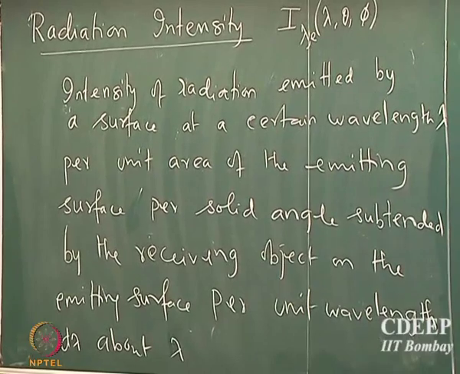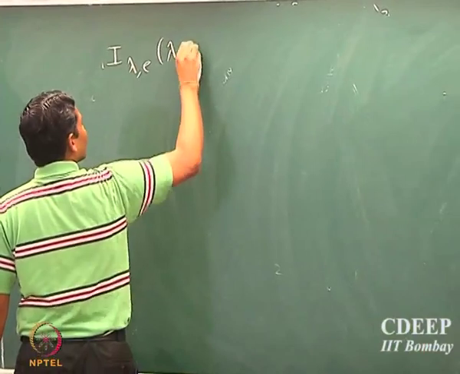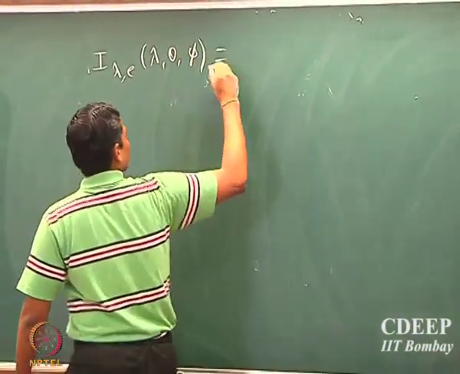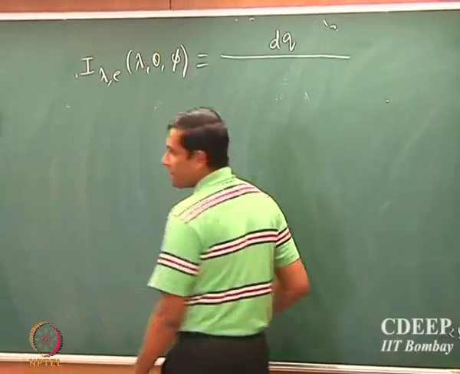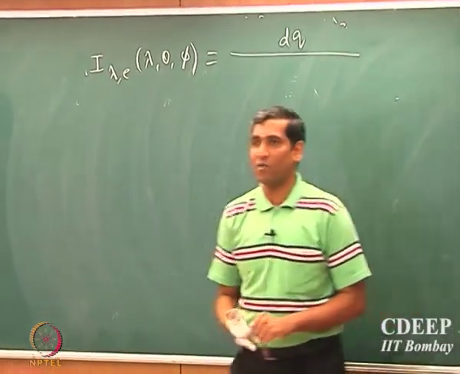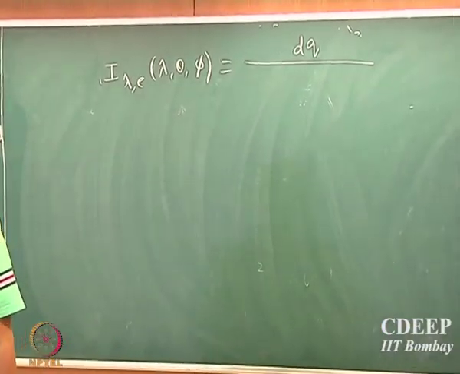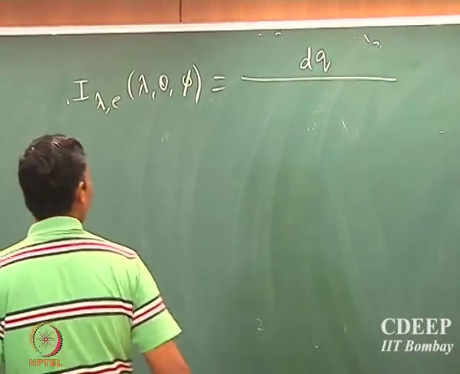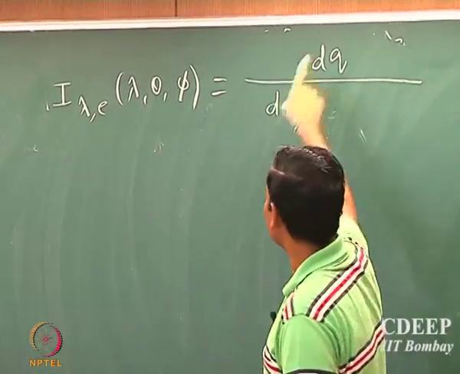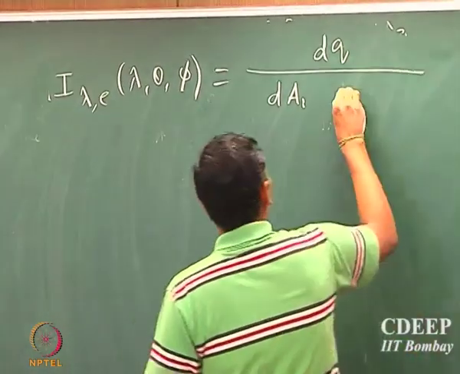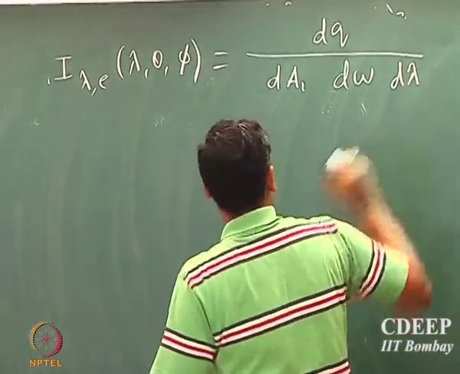When we translate this definition into a mathematical form, I_lambda,e(lambda, theta, phi) will be given by dq, which is the differential amount of heat transport rate, the rate at which heat is being emitted by that surface, divided by dA1, which tells you the flux, divided by the solid angle d omega, divided by d lambda.